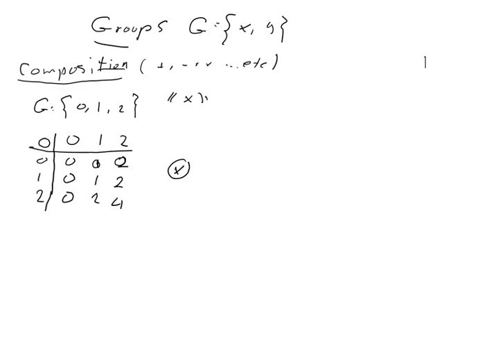Okay, this is what composition means. Now, about group theory: what does composition mean for a group? We take, for example, a group of two elements, x and y.